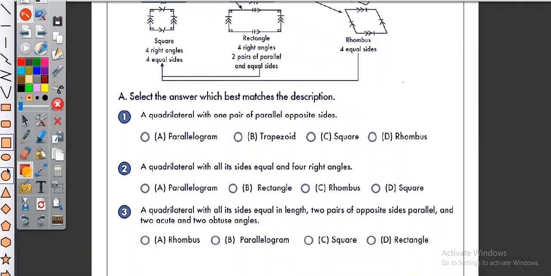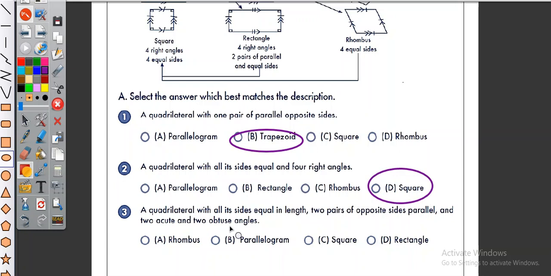Now, question A says, I am a quadrilateral with one pair of parallel opposite sides. One pair. Yes, I am a trapezoid. I am a quadrilateral with all its sides equal and four right angles. Yes, I am a square.